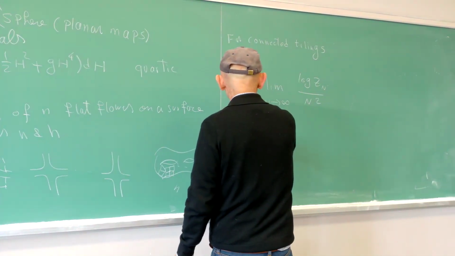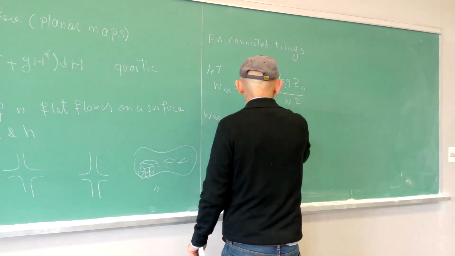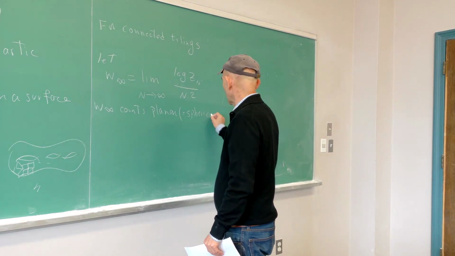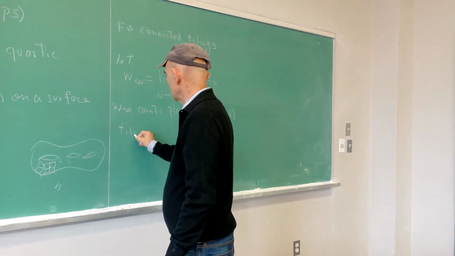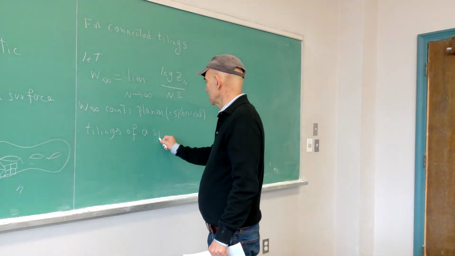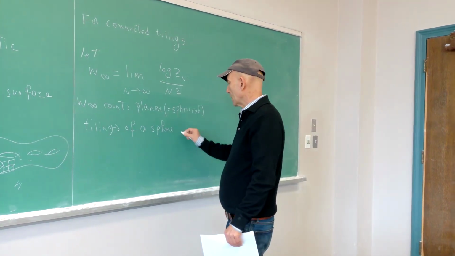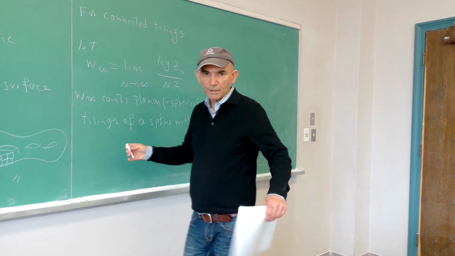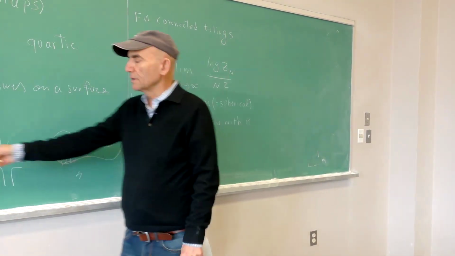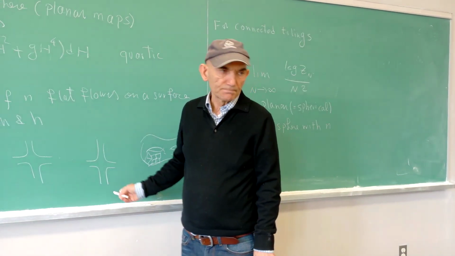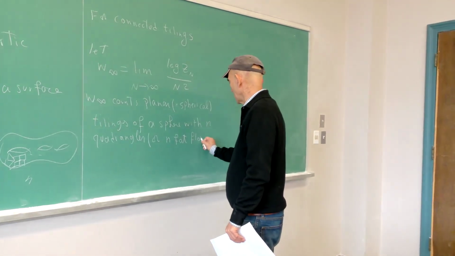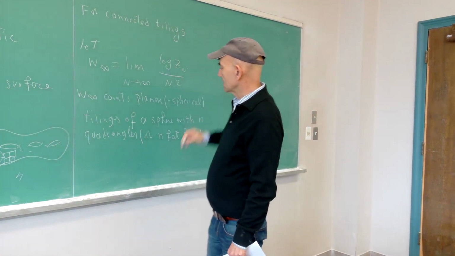This W infinity counts planar, which means spherical, basically, tilings of a sphere with n quadrangles, or equivalently with n fat graphs, fat flowers. But this is an infinite series itself for various n.